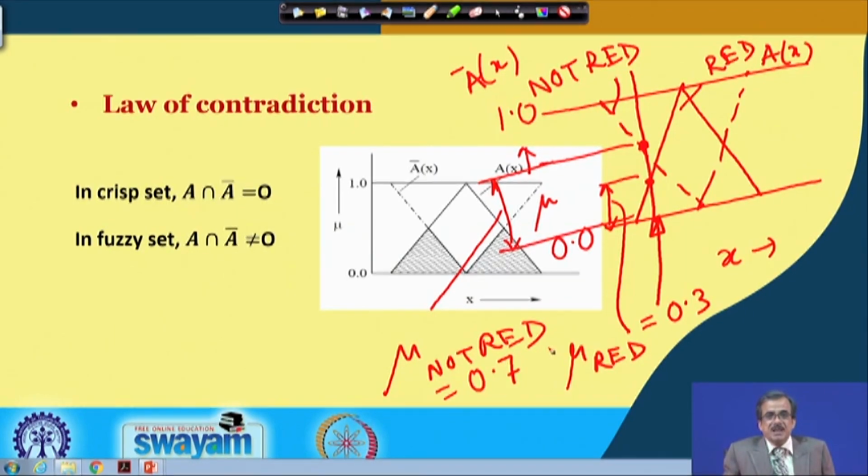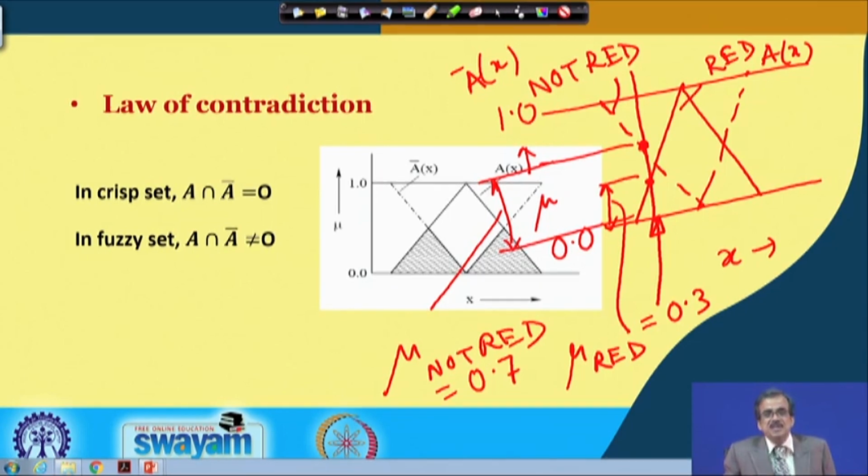So, the same color is considered red with some membership function value, and it is also considered as not red with another membership function value. And let me put it in another way, that means an element, that is the red color, belongs to its fuzzy set as well as its complement with different values of membership.